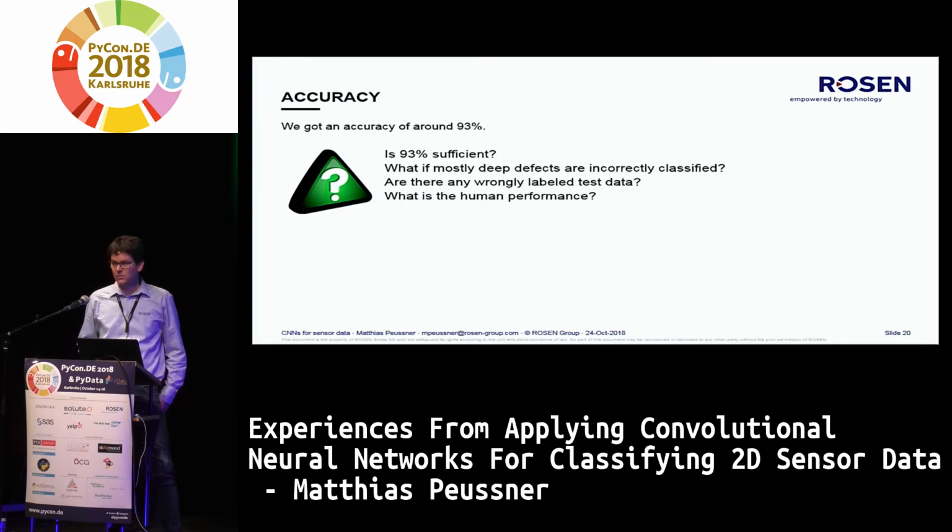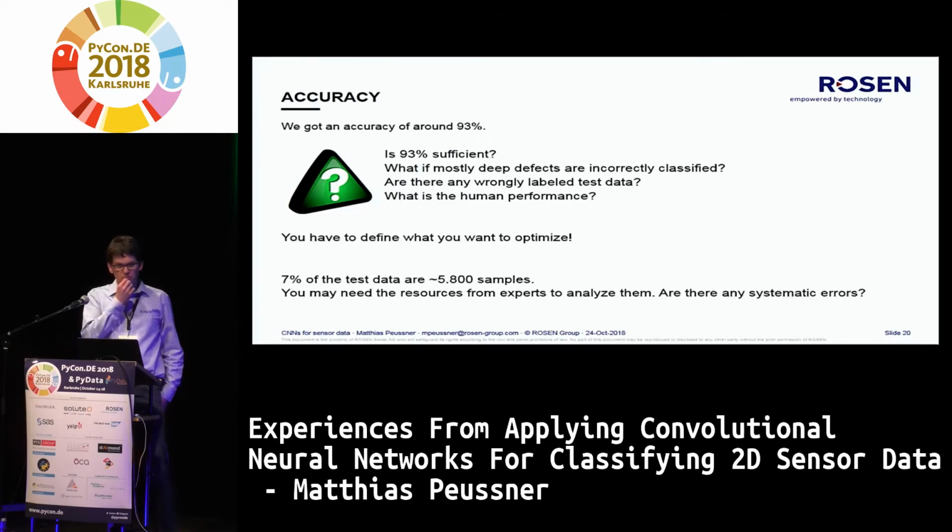And how does this performance compare to the human performance? So I had more questions after this, and I had to find answers, and it's not easy, for example, to find the human performance of an evaluator that is comparable to the algorithm.